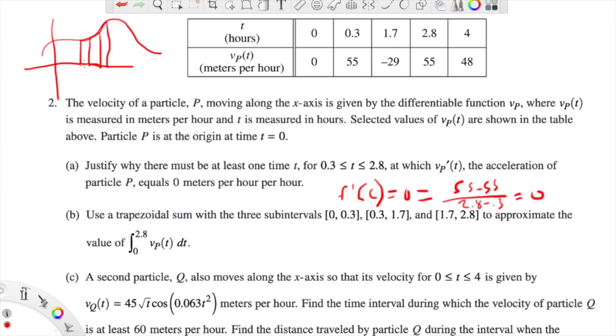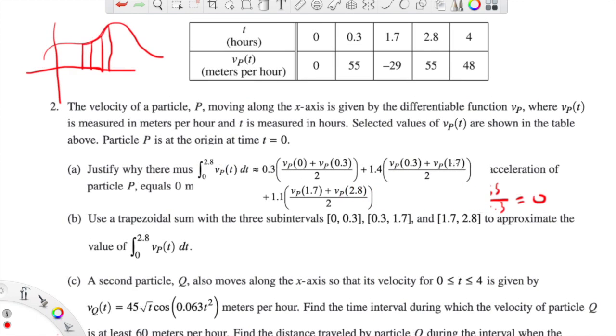And then the height is going to be the length of the interval. So for example, for this interval, that would be 1.7 minus 0.3. So we're going to go ahead and write that out real quick. I'm just going to speed this part up so you don't have to watch me write. Actually, I just went ahead and copied and pasted it from the answer guide because there's no reason for me to write it all out. But here we are.